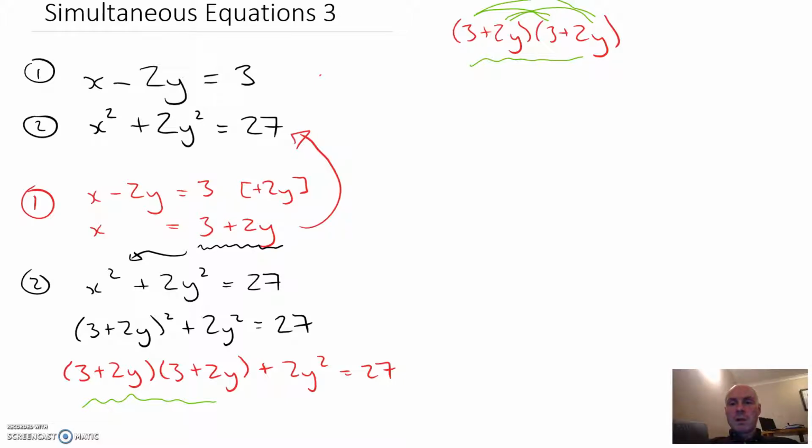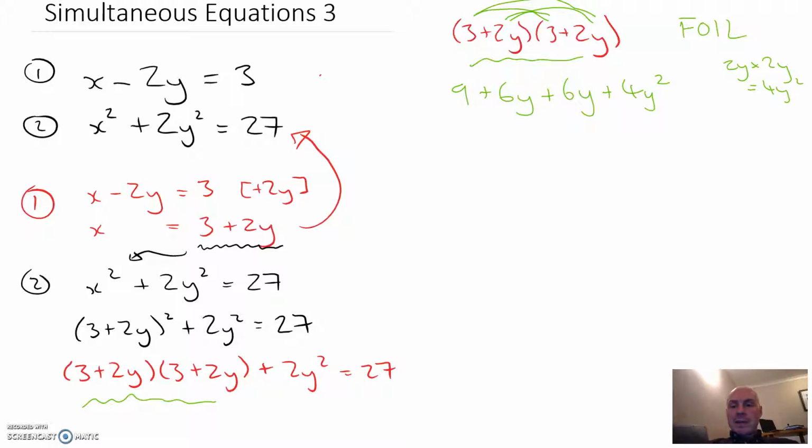FOIL's not the method I'd go for, but let's go through them in that order. 3 times 3, that's the firsts, that's 9. Outers, that's 3 times positive 2y, that's 6y, so we get plus 6y. So we've done F, we've done O, we'll do inners. Inners is 2y times 3, that gives me plus 6y. And lasts, that's 2y times 2y, that is 4y squared, and do not forget that squared. 2y times 2y, not 4y, it's 4y squared.